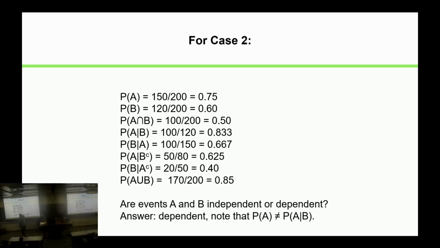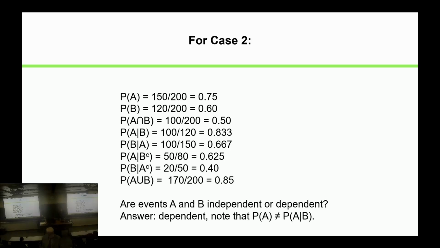Answering this question: are events A and B independent or not independent? Somebody give me an answer. What did you come up with? Independent or not independent? Not independent. Why? Give me a why.